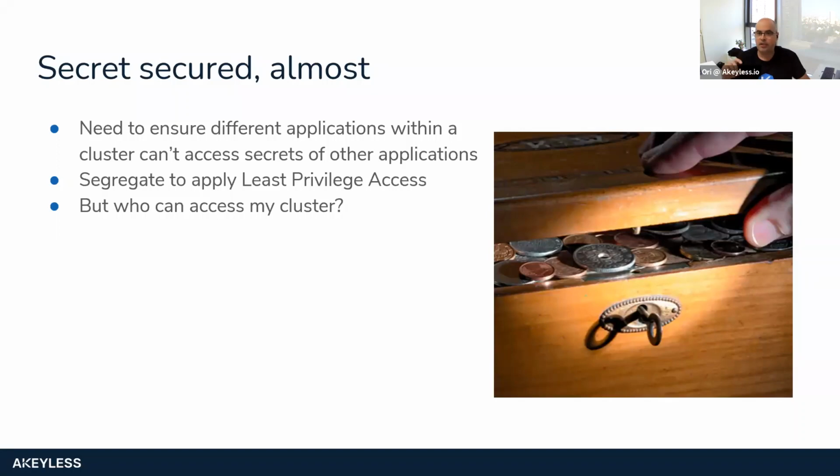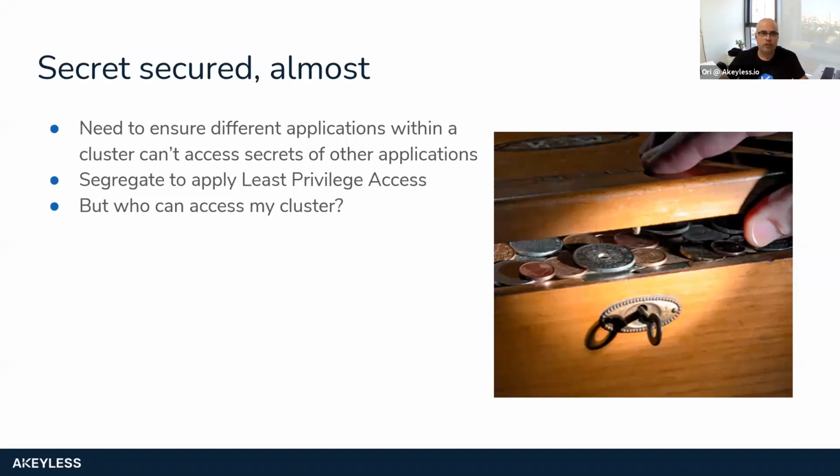This means basically that it needs to pass the authentication phase at the beginning, and then be authorized to a specific set of secrets that it needs in order to perform normally. So the authentication phase is done using one of the trusted machine identities, as we discussed, but your authorization has to have another type of mechanism in the secret management platform, as we will see in a bit.